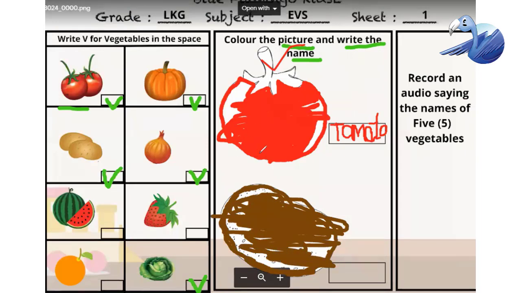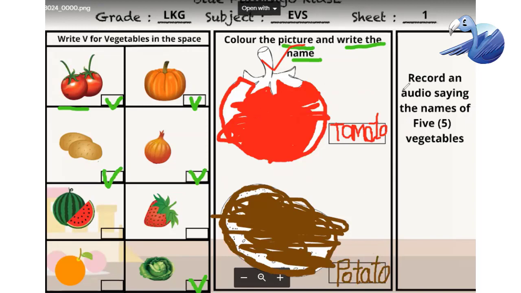So do it neatly, students. And you have to write the vegetable name. This is potato. Po-ta-to. Potato.